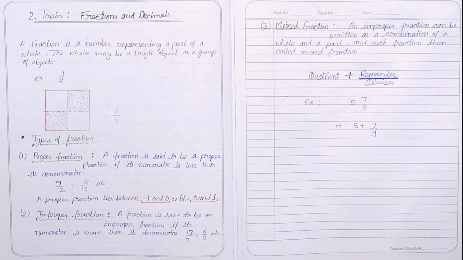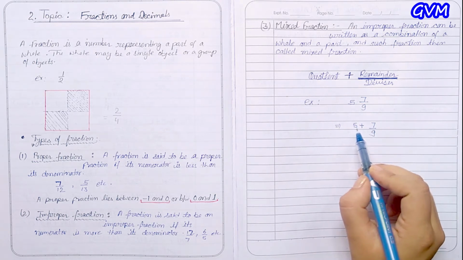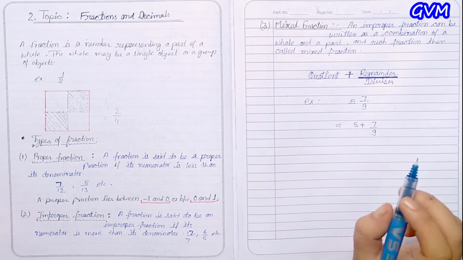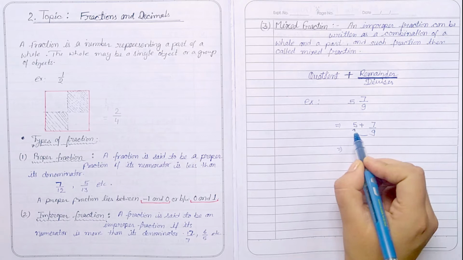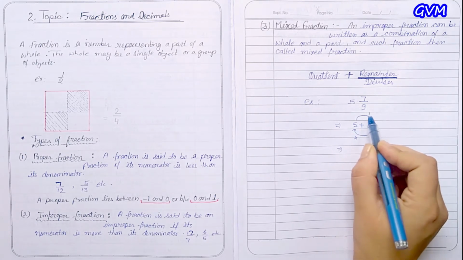When in an improper fraction the numerator is divided by denominator, we can have 5 as quotient, 7 as remainder and 9 as divisor, and that improper fraction will be: 9 को मल्टीप्लाई करेंगे 5 से, एंड देन जो भी इन दोनों का प्रोडक्ट आएगा उसे हम प्लस करेंगे 7 के साथ.